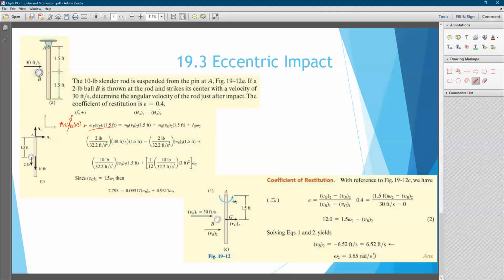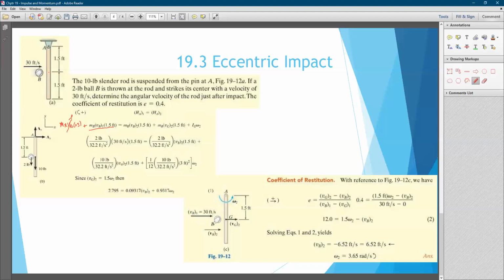If it is equal to 0, it means that the ball sticks together with the rod. The value of the coefficient of restitution is between 0 and 1. If the value is equal to 1, it is considered perfectly elastic. In this case it is 0.4, so it is still considered an elastic problem.